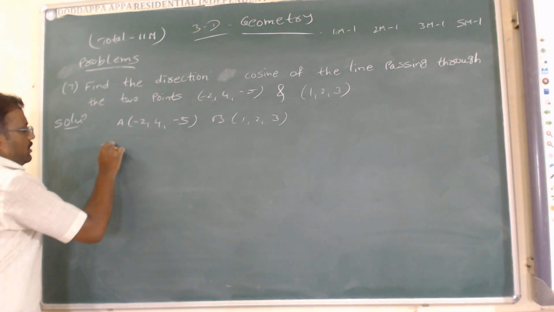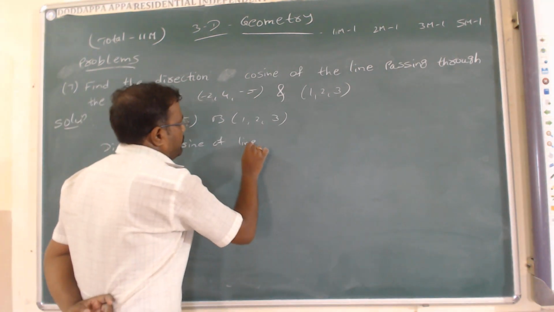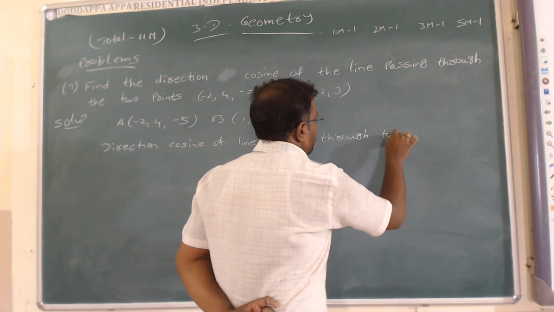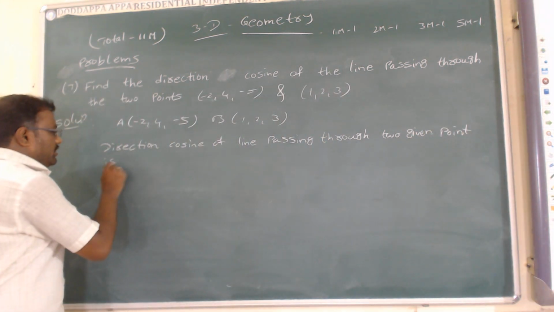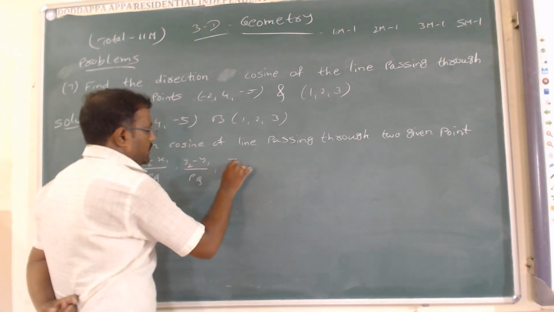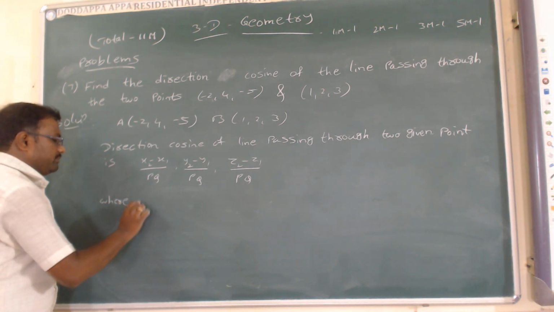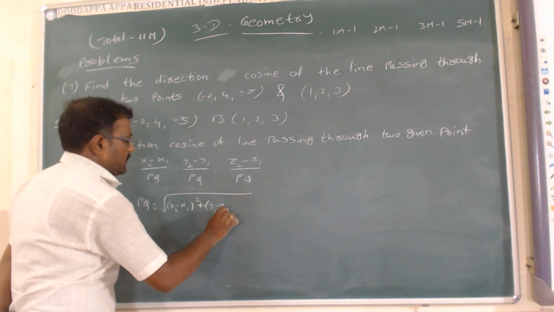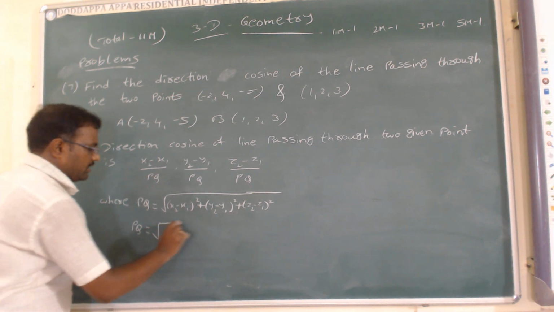We know that the direction cosines of the line passing through two given points are x2 minus x1 divided by PQ, y2 minus y1 divided by PQ, z2 minus z1 divided by PQ, where PQ is equal to the square root of (x2 minus x1) whole square plus (y2 minus y1) whole square plus (z2 minus z1) whole square. Now you have to find the PQ value first.